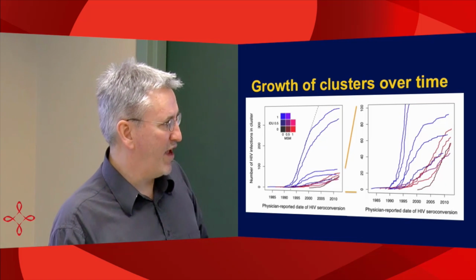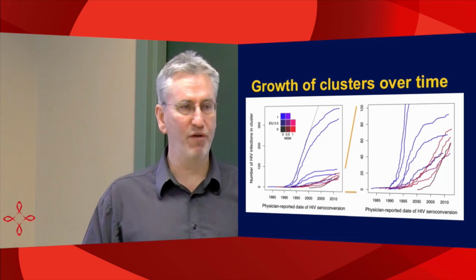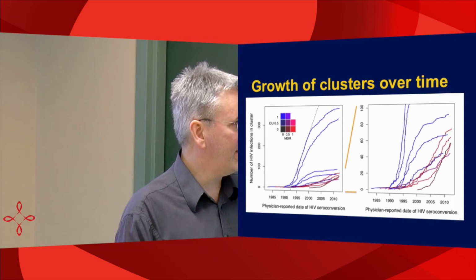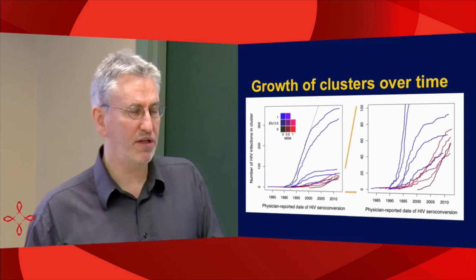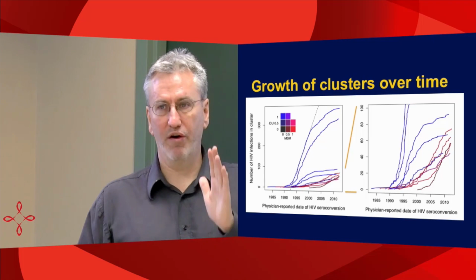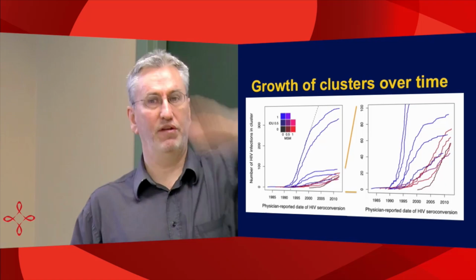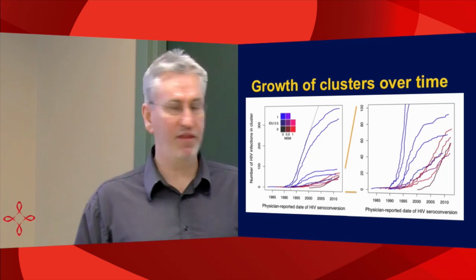We're going to get the most bang for our buck by intervening on the clusters that are growing the most quickly. And in BC, that happens to be these little red ones that turn out to be mostly young MSM populations. We do the modeling and we can show that we're on the exponential phase of expansion in these guys.